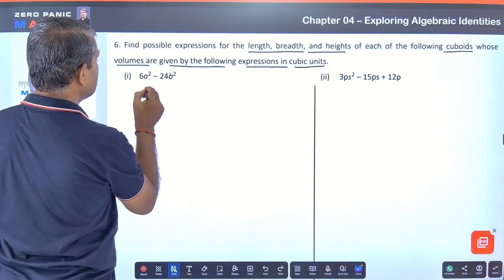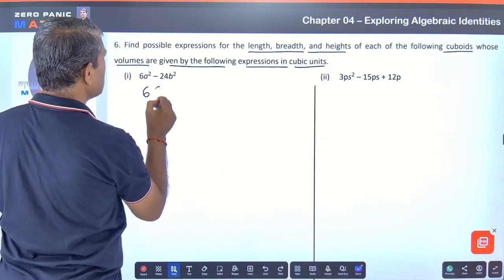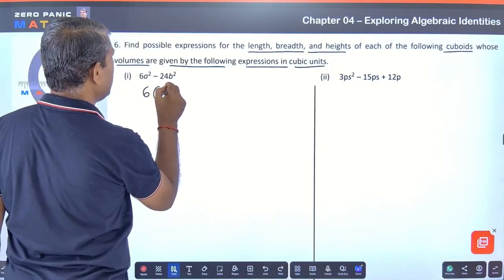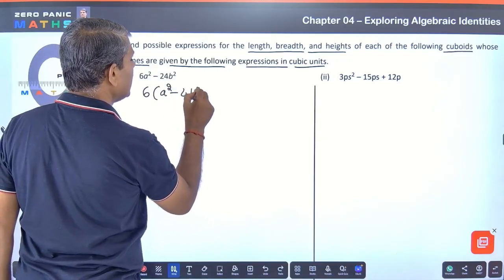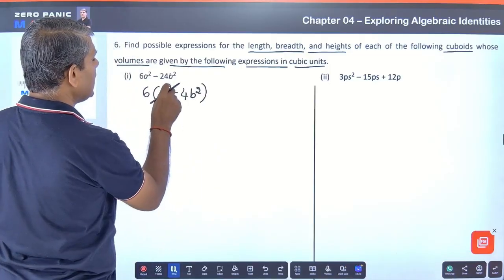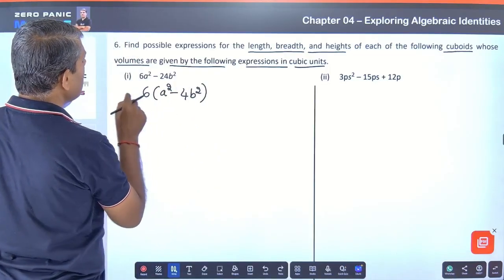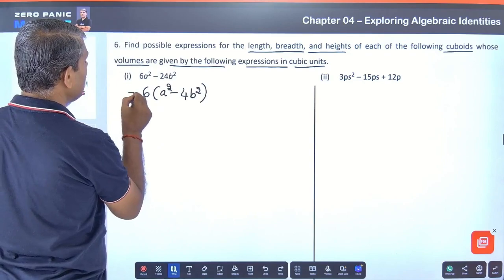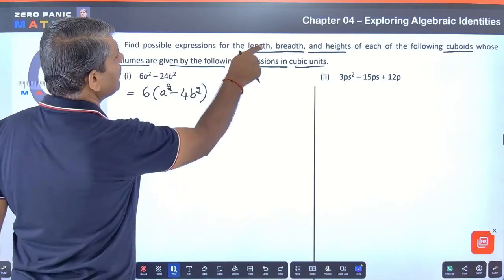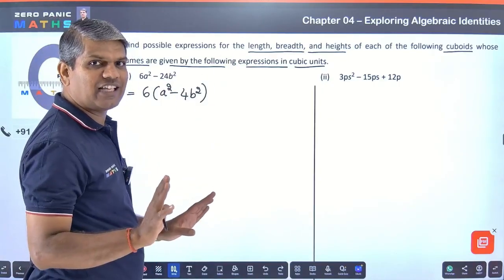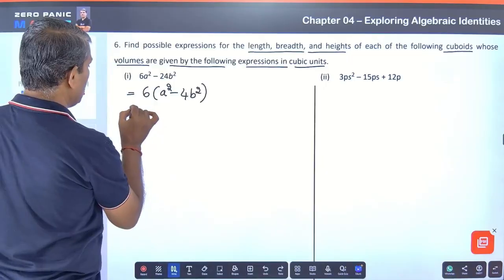Let me take 6 as common here first. So if I take 6 common, it will be a square minus 6 4s are 24, right? So it is b square. Now it is in a square minus b square format, but there is one factor that is equal to 6. It is already there. Okay, and that 6 we will consider as length. So hope you understood this.